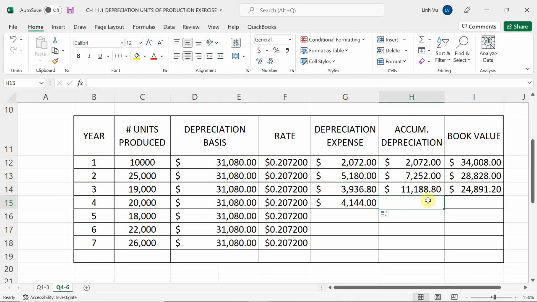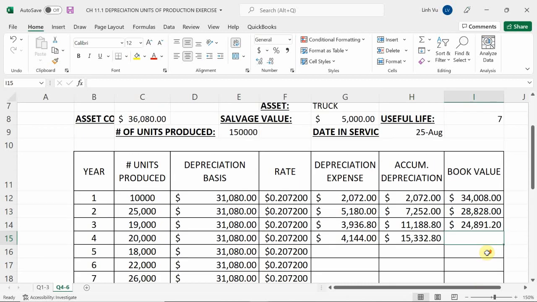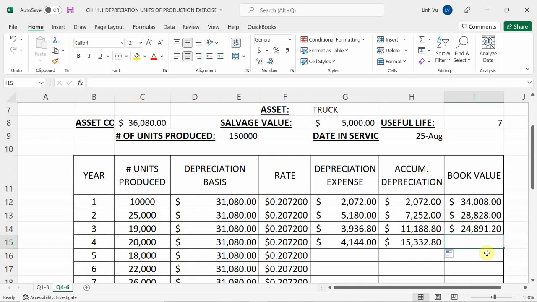All right, so then what's my accumulated depreciation? 15,332. Okay, which is going to give me a book value of 20,747.20.